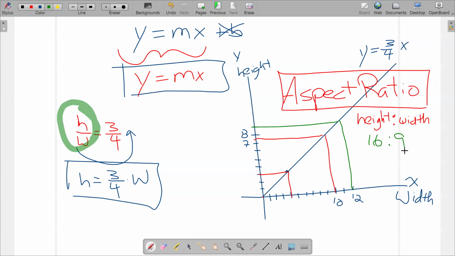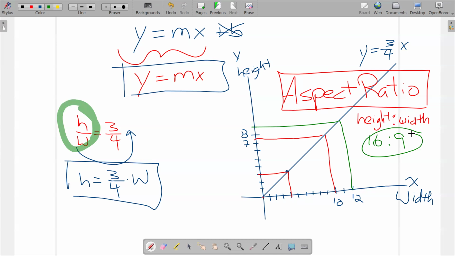Either parts of the top or bottom are getting cut off, or parts of the left and right, so it fits on your screen. Think about laptops. Are all laptop screens the same shape? Turns out they're not. There's a lot of variation in laptop screens, more so than in TV screens. Most high definition TV screens pretty much fit the 16 to 9 ratio.